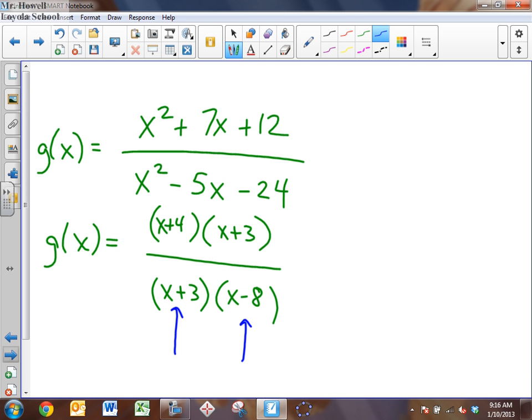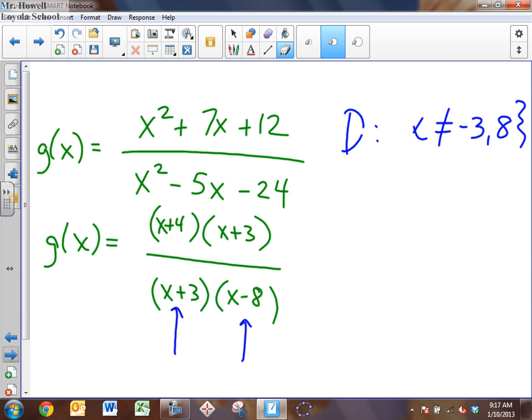So when we write our domain for this answer, we would say domain, colon: x cannot equal negative 3 or 8. So we don't have to write all real numbers. The notation is not as vital right now, but we will go over notation when we get to rational functions.